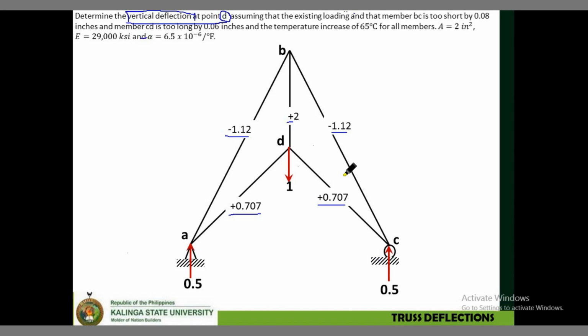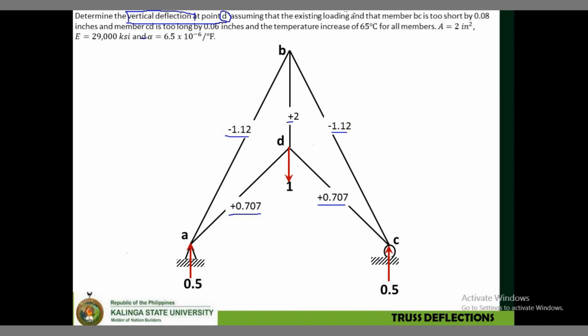Mahaba ang solution or analysis ng truss deflection, and if you are not yet familiar with method of joints and method of sections, magkakaproblema kayo. Okay? So again, try to solve this problem after our class to counter-check if the values I am presenting you are correct. And so again, I use method of joints to get these values.